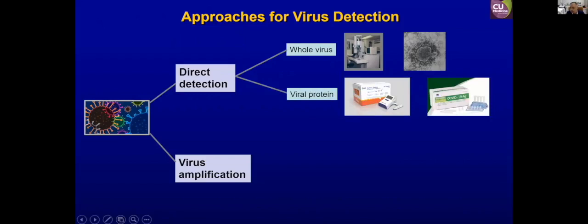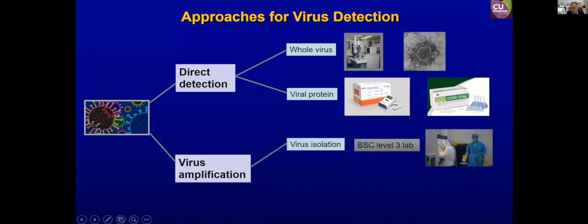This could be a very simple test kit. You can do it in the office, just like a pregnancy test. Now for direct detection, that means you do not amplify the amount of virus or protein to any extent. So the sensitivity is limited mainly by the sample, how good you are going to take the sample.